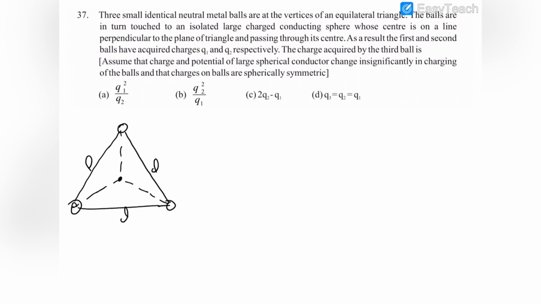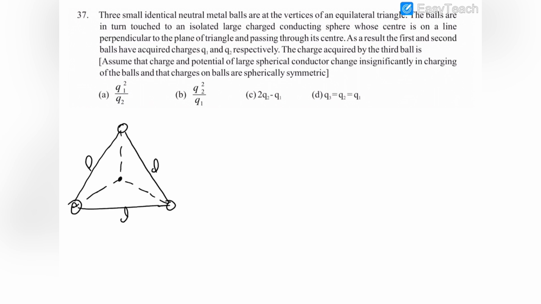As a result, it is given that when it is made to contact with all of them, the charge acquired by ball 1 and 2 is q1 and q2, and the charge acquired by ball 3 is unknown, and we have to find out the charge acquired by ball 3.